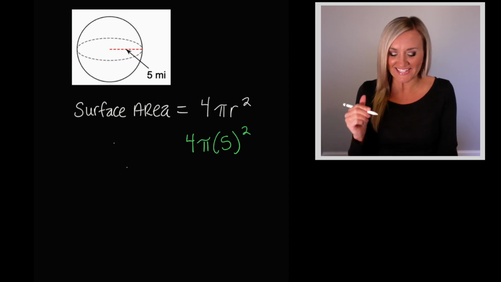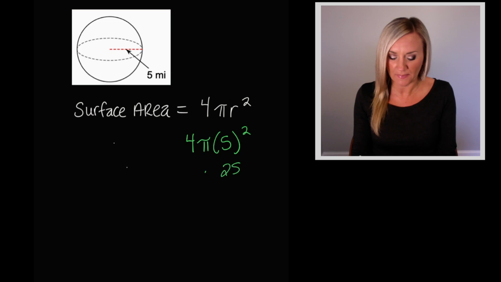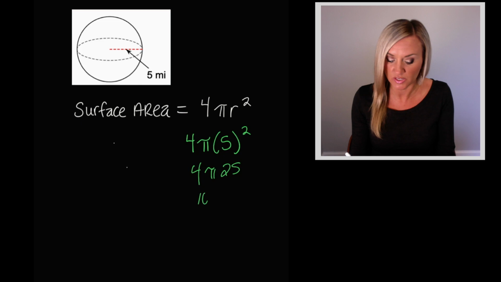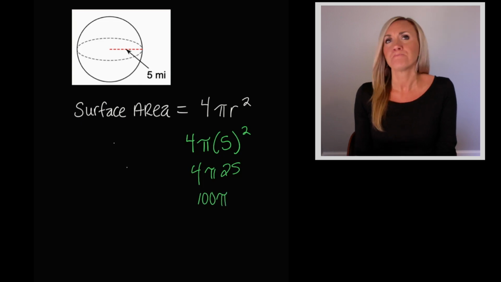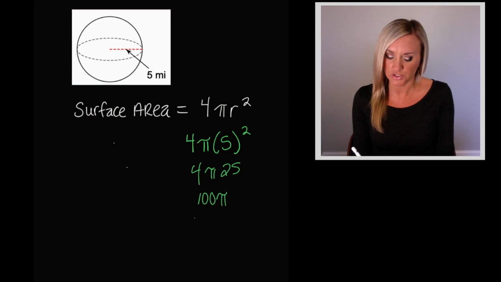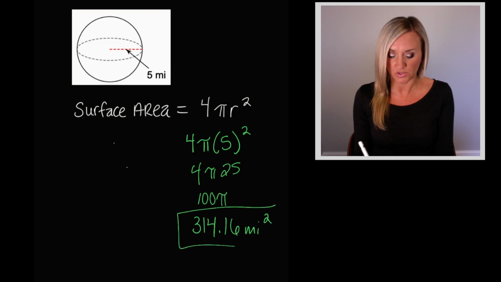But anyways, so then you have 5 squared, which is 25, pi times 4, and 4 times 25 is 100. So we have 100 pi, and then 100 times 3.14 is 314.16, and this is miles squared because now we're talking about area.